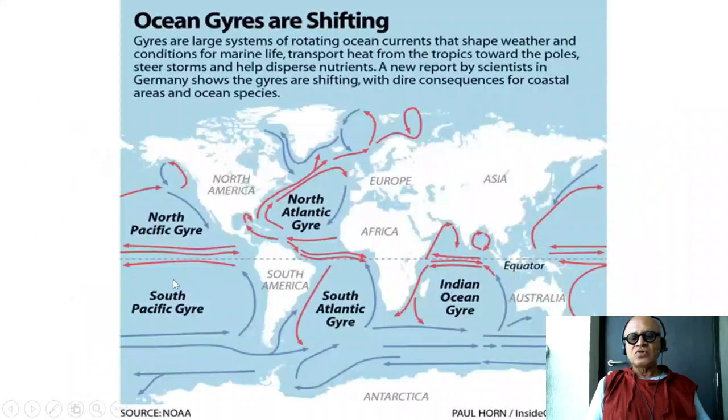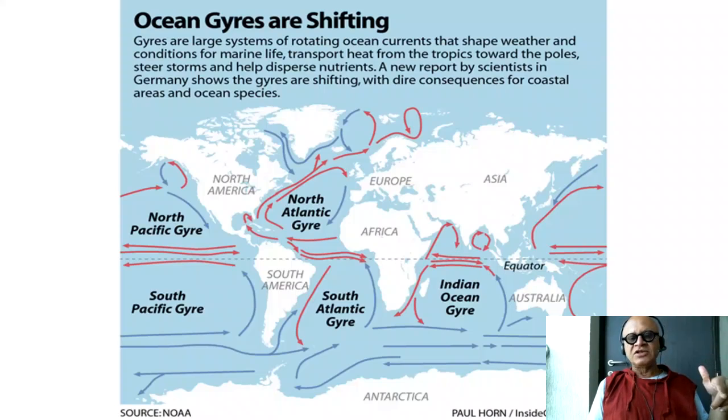The paper argues, this is a summary of the paper, that these subtropical gyres are actually shifting poleward. That relates to how the Southern Ocean circulation would respond as well.